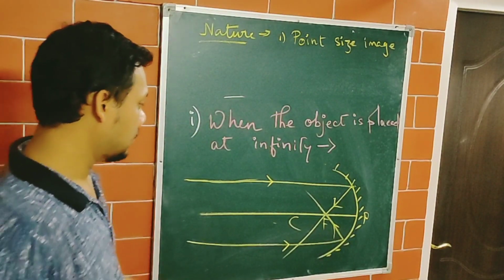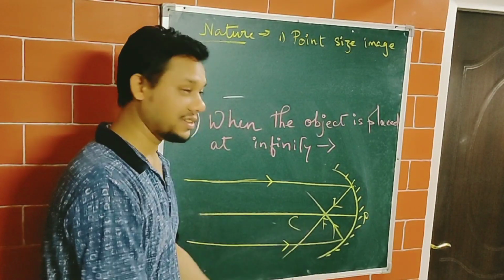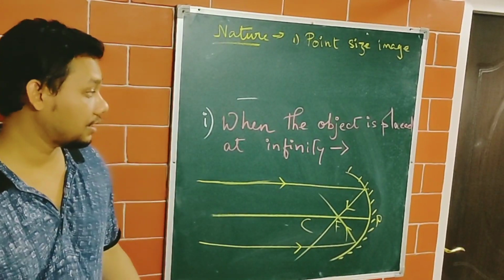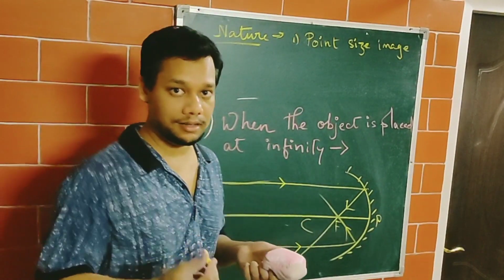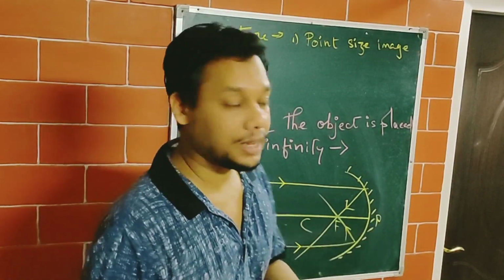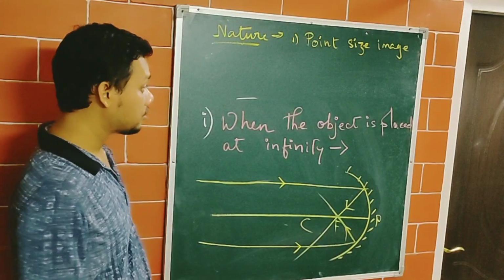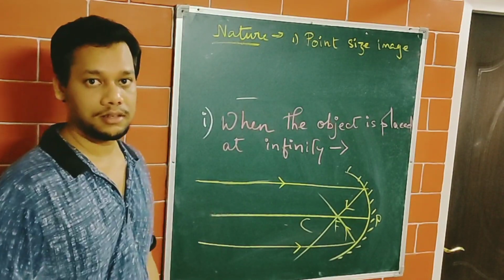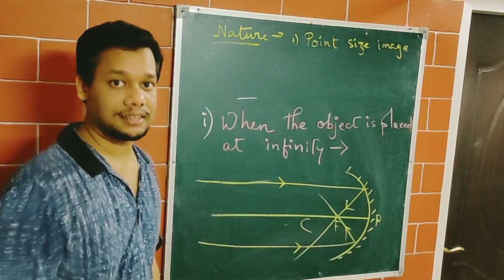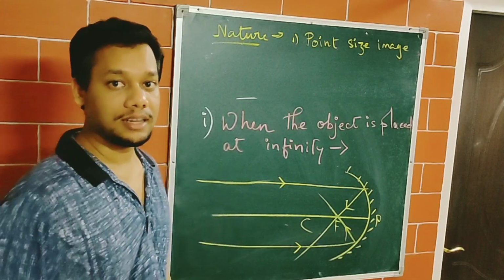Second, the rays are actually intersecting each other to form this image, isn't it? In case of plane mirror, in the previous video we have seen that we have to extend the rays backward so that they intersect, but in this case they are actually intersecting with each other, right? So it's a real image. Real image means the rays are actually intersecting with each other, and this type of image can be formed on a screen.